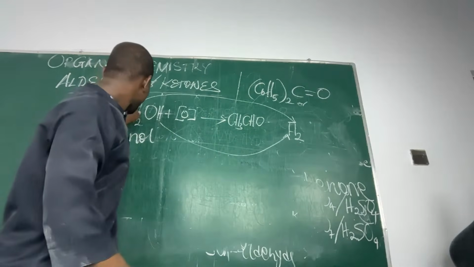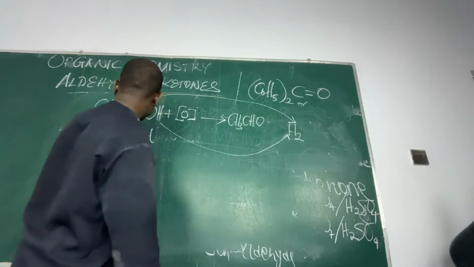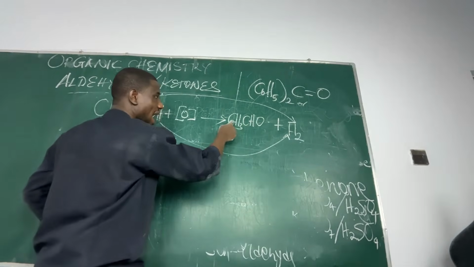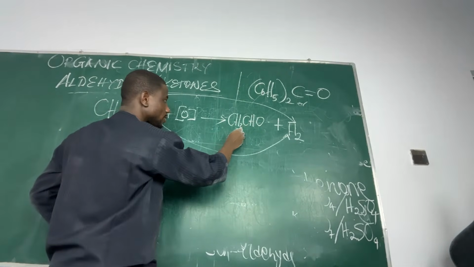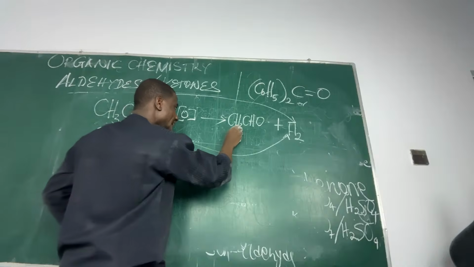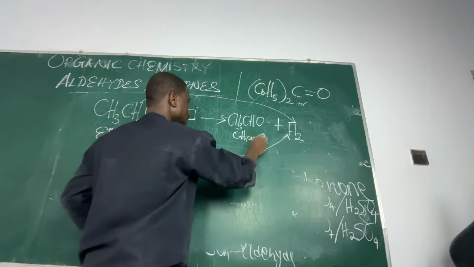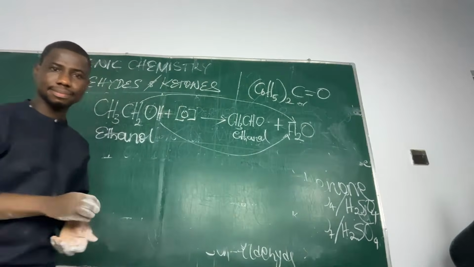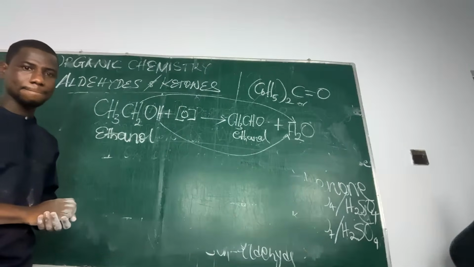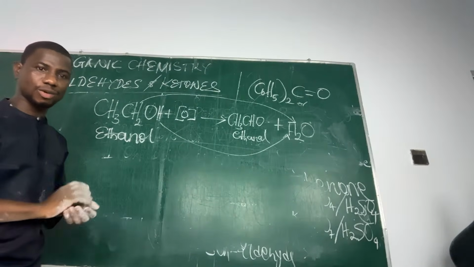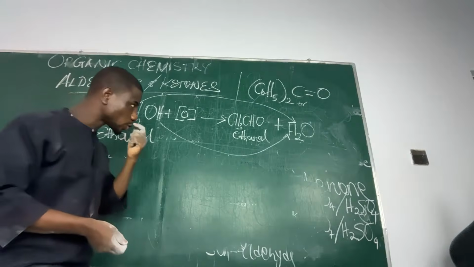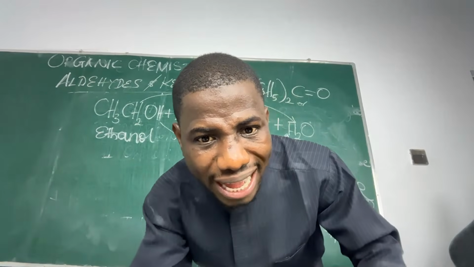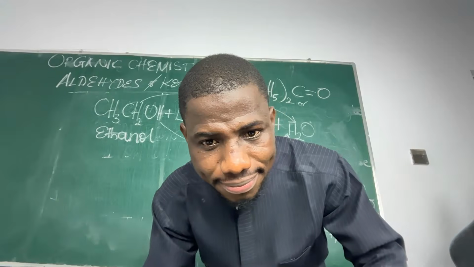So we are left with CH3CHO, and this CH3CHO is called what? Ethanal. So this oxygen will be oxidized, giving H2O. But I don't want to use this method. I just want you to understand that in this oxidation, you're either removing hydrogen or adding oxygen. Does that make sense to you?